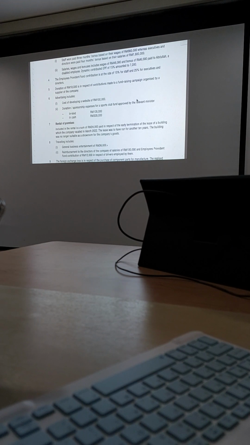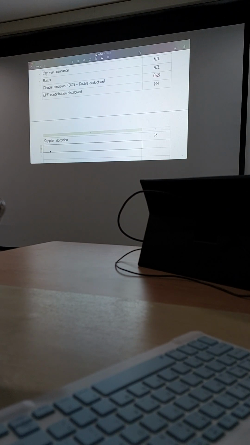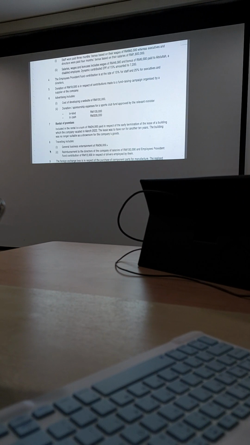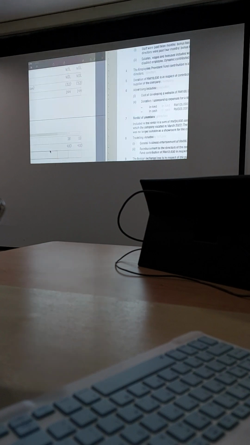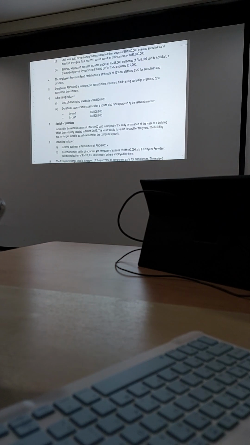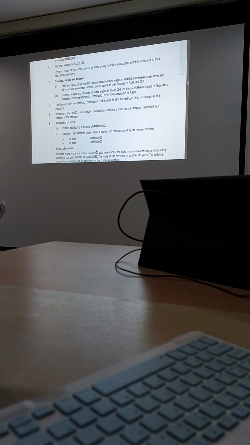Okay, now the tricky part here, make sure you understand this part. If it is in cash donations, all you have to add back. For the advertisement, add back.